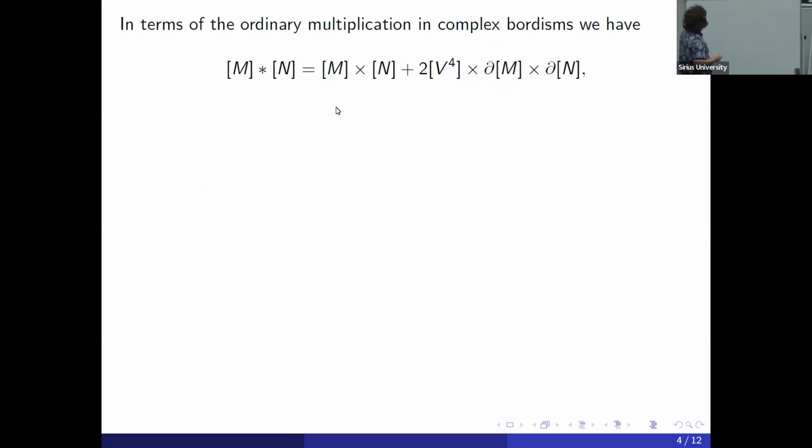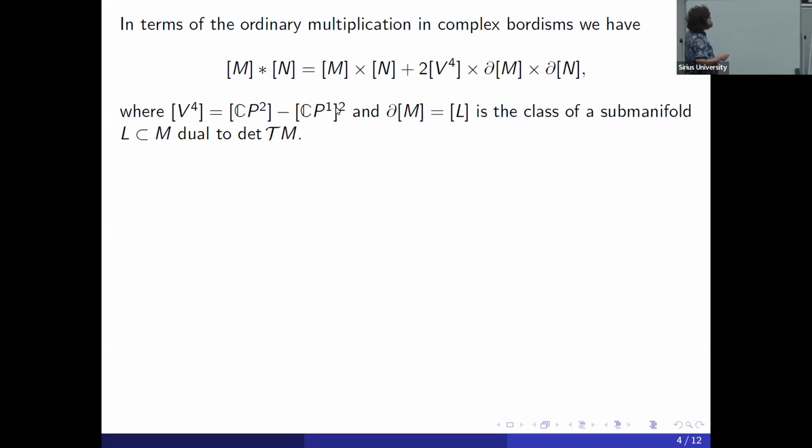In terms of the ordinary multiplication, our multiplication has the following form. It's a direct product plus a correction summand, where V is CP2 minus CP1 squared, and D is the operation which takes a manifold M and gives the submanifold dual to the determinant.